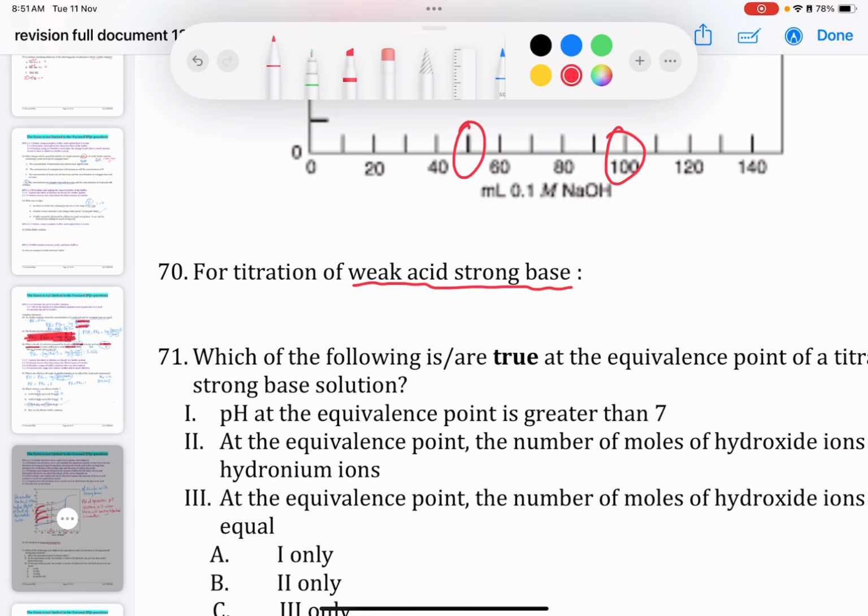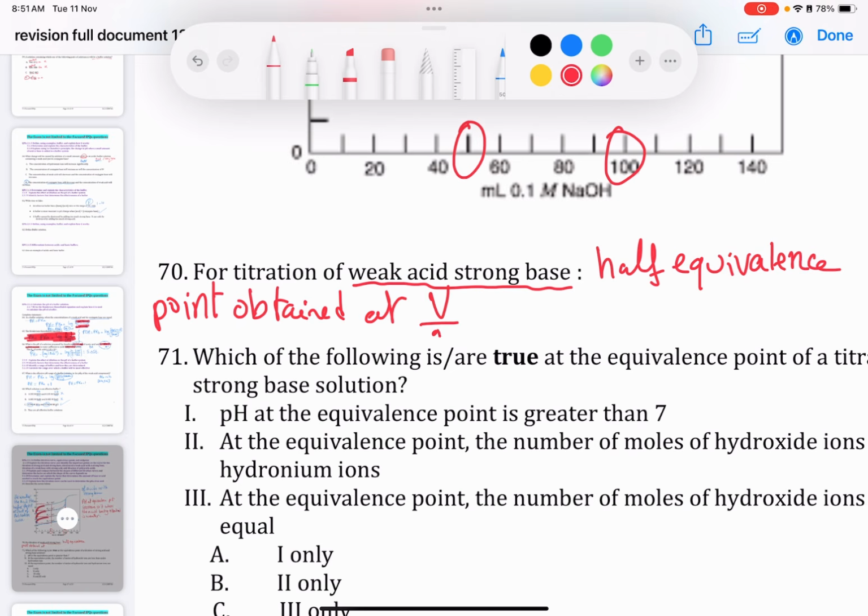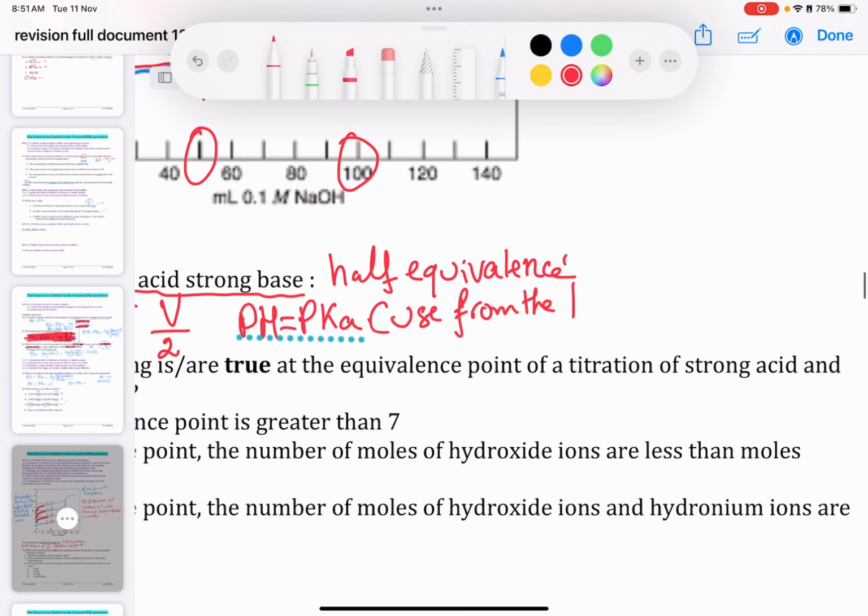But when I have a strong acid with a strong base titration, I only have the equivalence point. That's all. But for the weak with a strong, we have what we call the half equivalence point, obtained at volume at equivalence divided by 2. At that point, the pH equals the pKa. We can get it from the graph, from the titration curve.